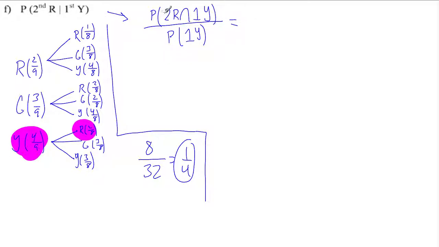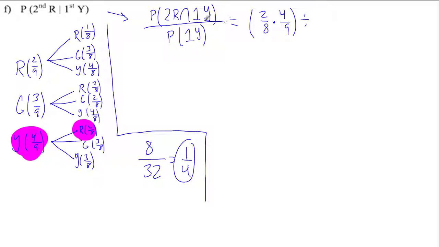So what is the probability of second red and first yellow? Well, don't forget, in order to calculate that, if we have the second red and the first yellow, that's where we actually do multiply. The probability that the second is red is 2/8. We multiply that by the probability that the first is yellow, which is 4/9.